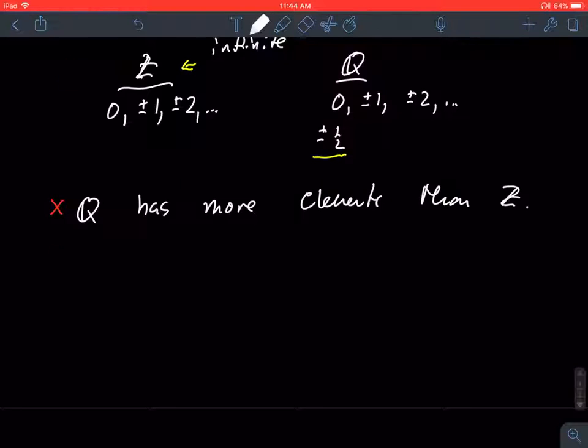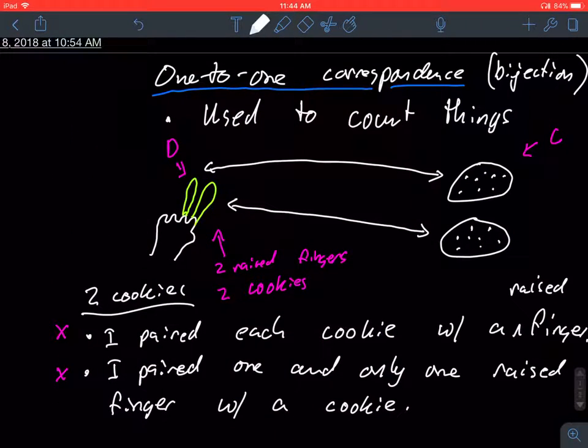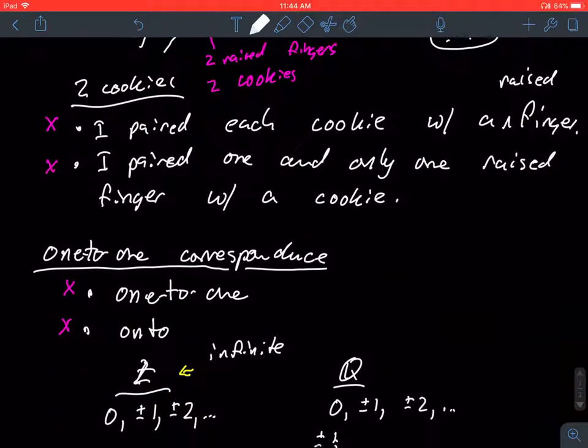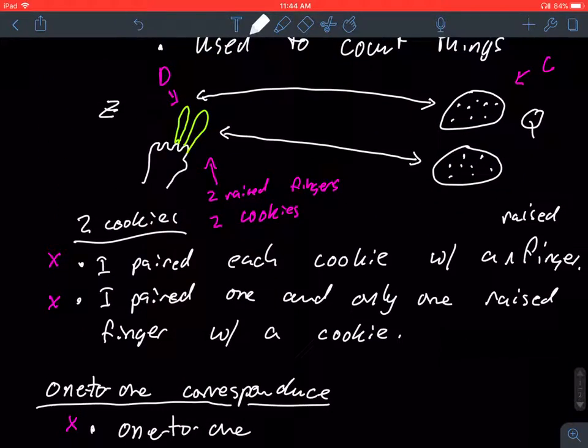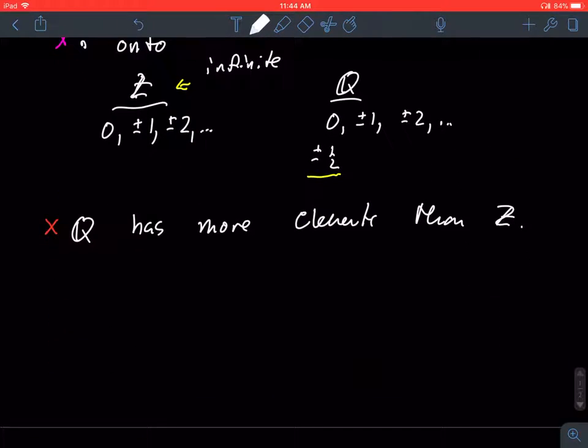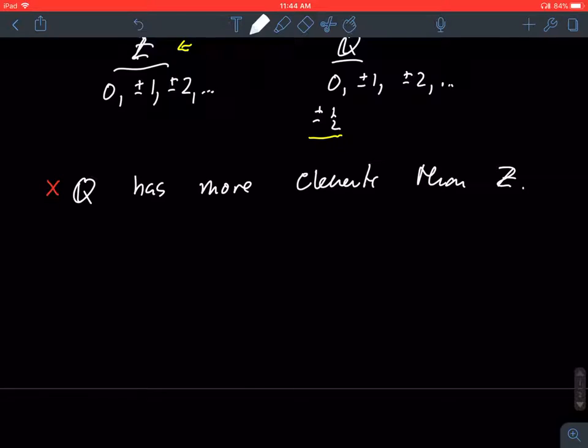We will go back to what we did here. If we can pair each rational with each integer, if there's a one-to-one correspondence between the integers and the rationals, well then in this case, following this idea, we'll say that they have the same number of elements, and that's what we actually find.